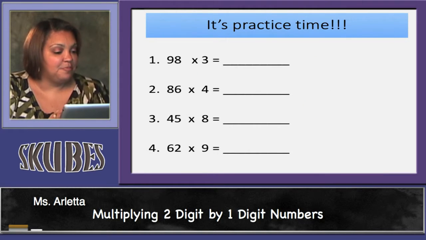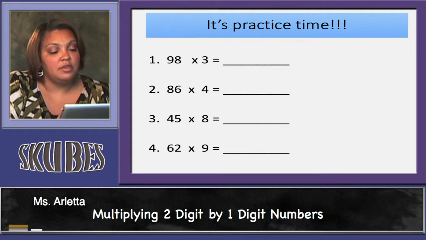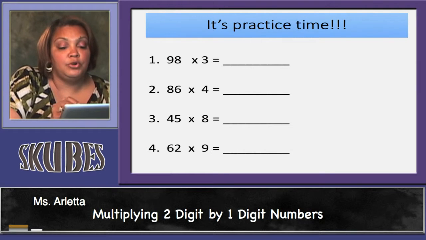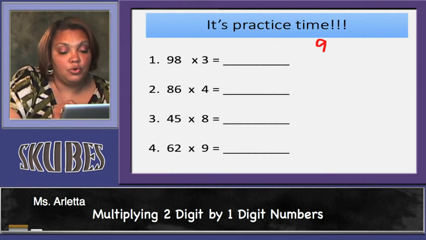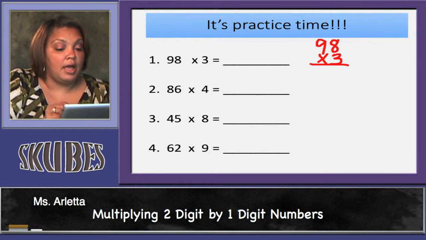It's practice time. If you notice, I wrote these horizontally, but when you're working them, you want to rewrite them vertically. And I will show you how. 98 times 3. Once again, I'm starting with that multiplier and multiplying it times the multiplicand.